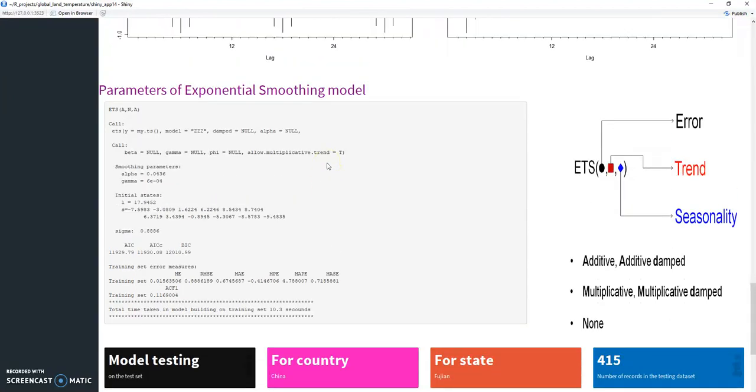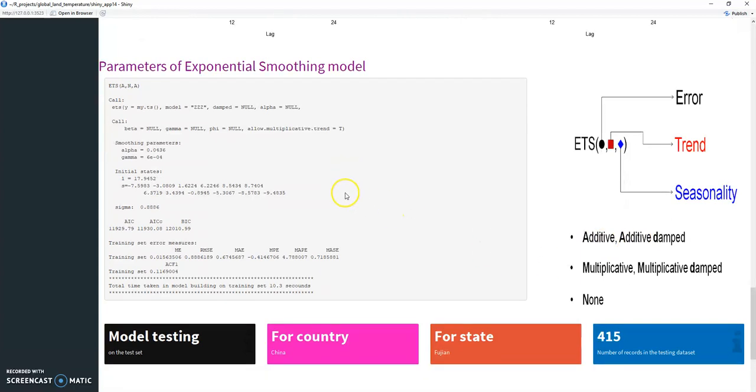What you can see over here is that the exponential smoothing model is characterized by three parameters: ETS, which here means error, trend, and seasonality. The error over here is A, meaning that it's an additive error. We also have the trend as none, and the seasonality as again an A, meaning the seasonality is additive in nature.